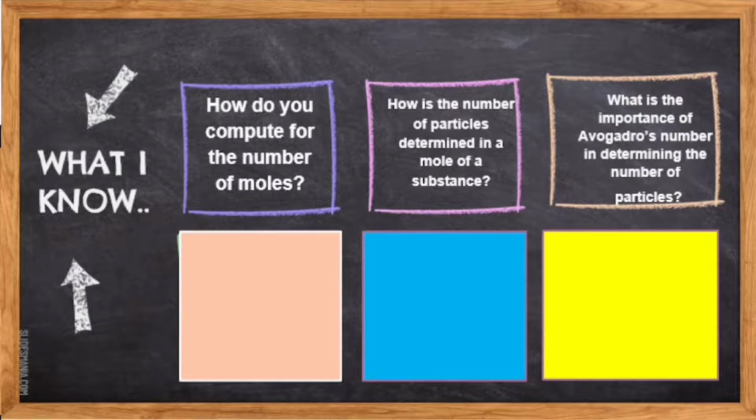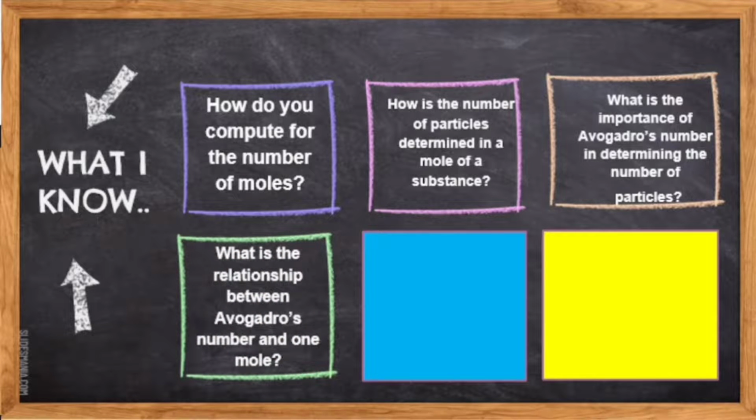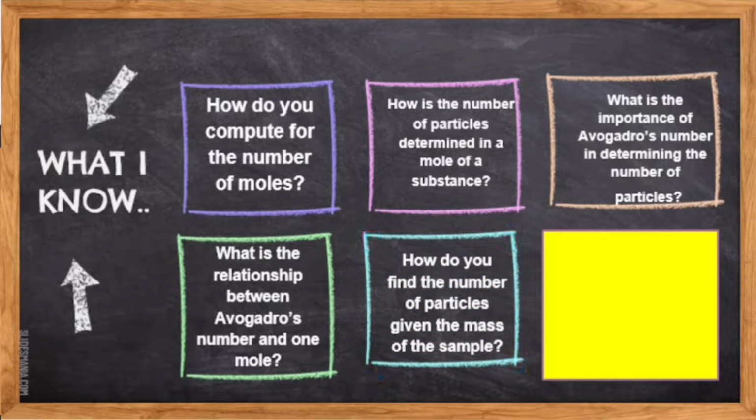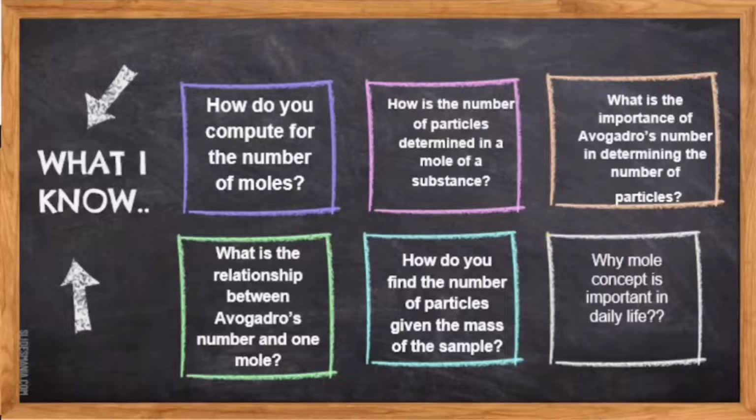What is the importance of Avogadro's number in determining the number of particles? What is the relationship between Avogadro's number and 1 mole? How do you find the number of particles given the mass of the sample? And why is the mole concept important in daily life?